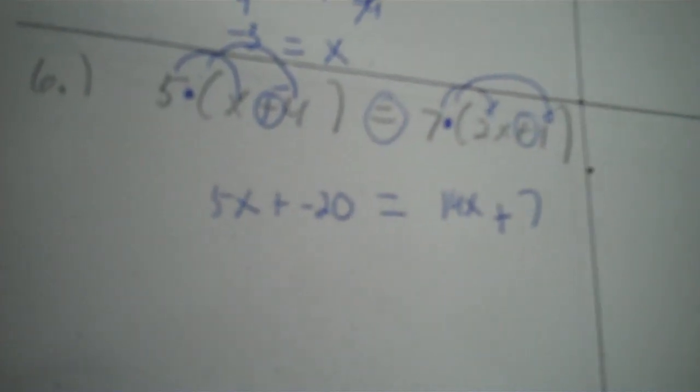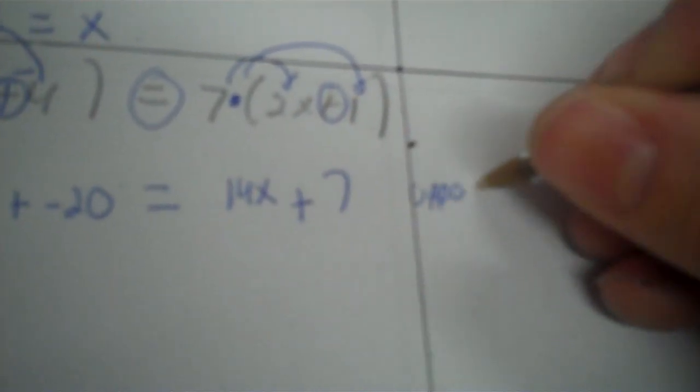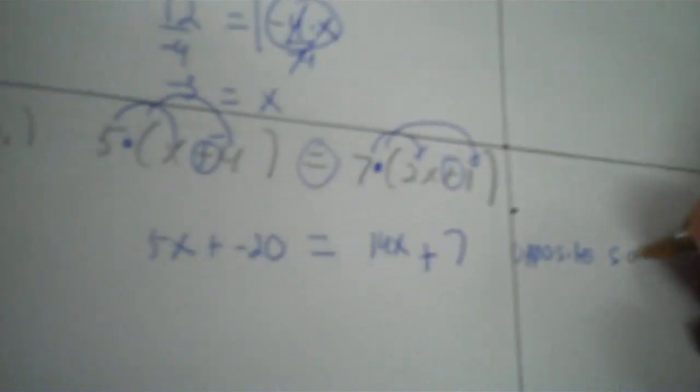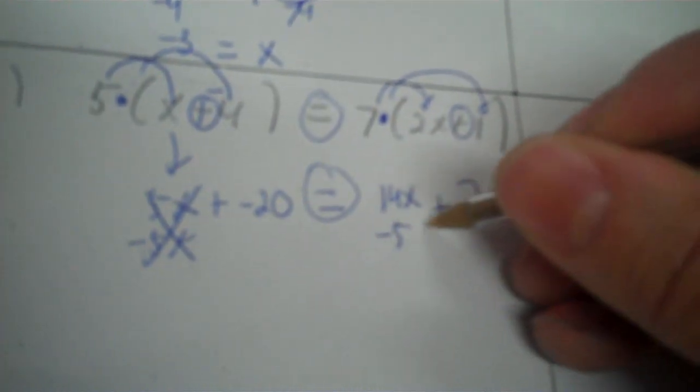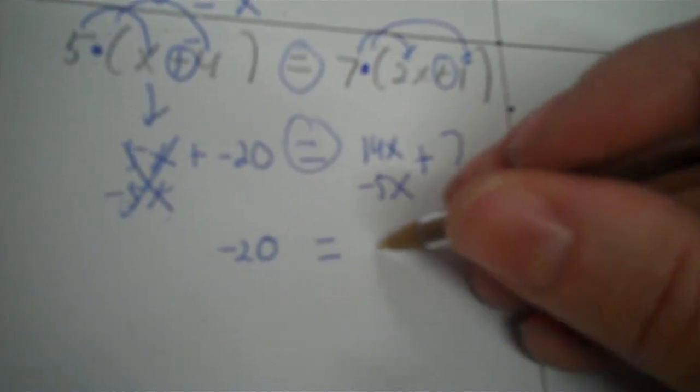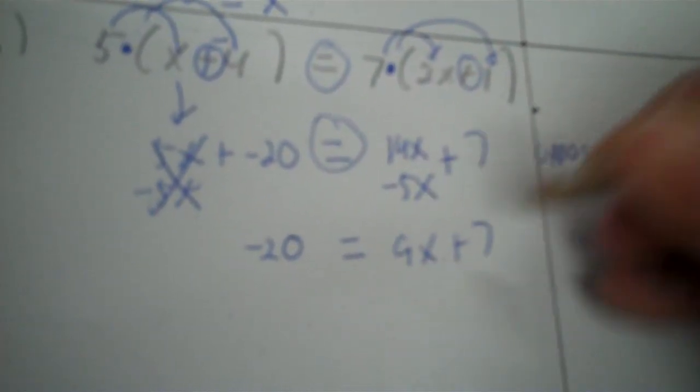Okay, now you got 2 x's, but this time they're on opposite sides. So if they're on opposite sides, you can't combine them. You take out the smaller one. So you're going to minus 5x from the 14x. Okay, so it's going to be 9x plus 7.